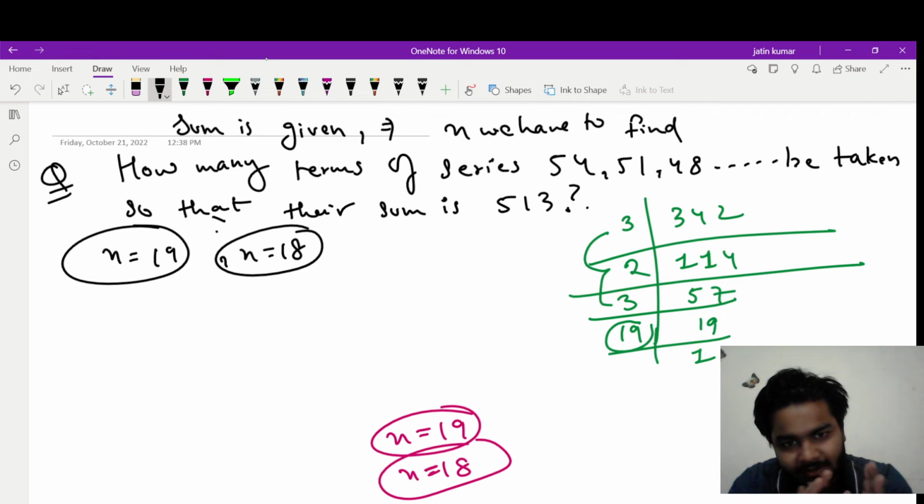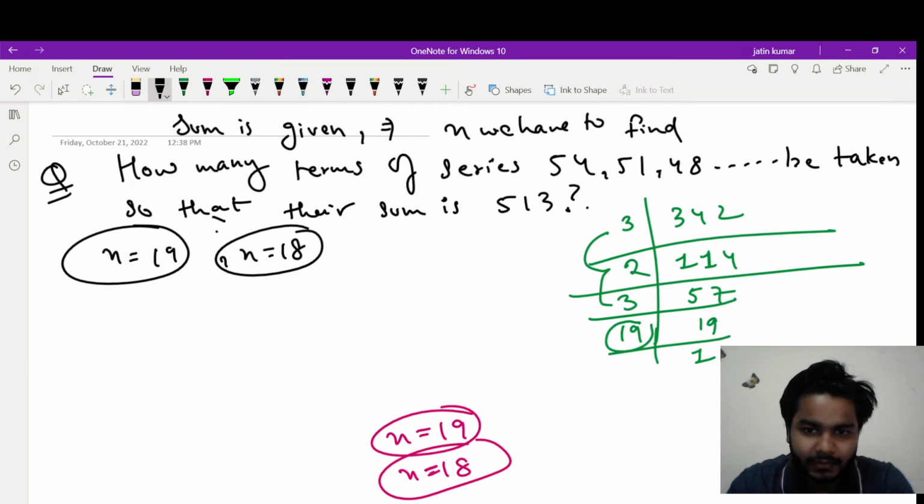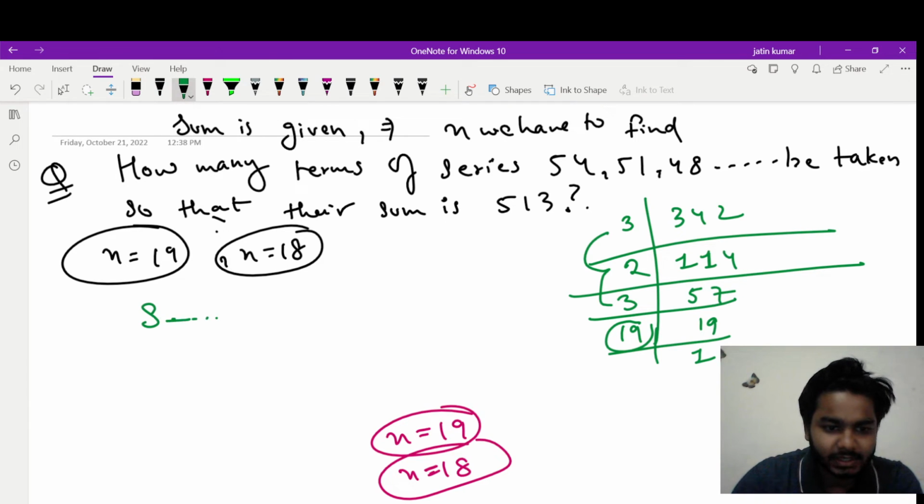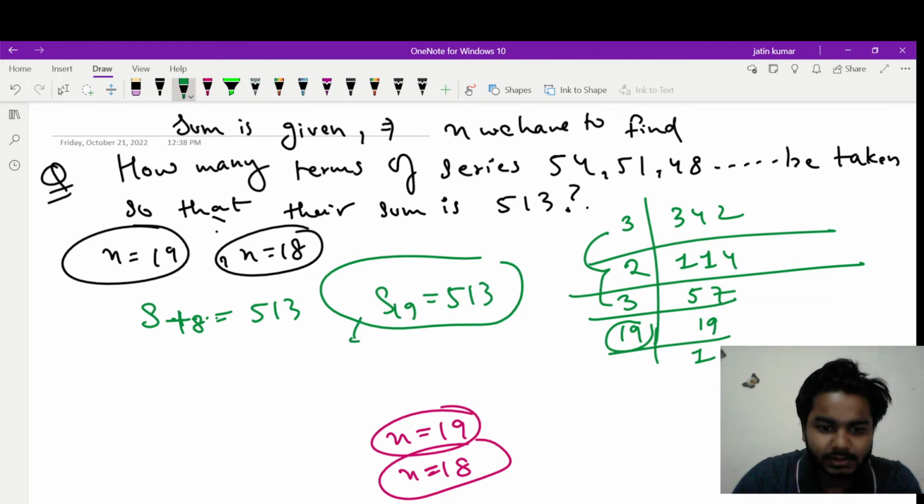Now if the sum of 18 terms is 513 and the sum of 19 terms is also 513, can we guess the value of the 19th term? The sum of 18 terms is given as 513, and the sum of 19 terms is also 513, so can I say that the 19th term will be 0?